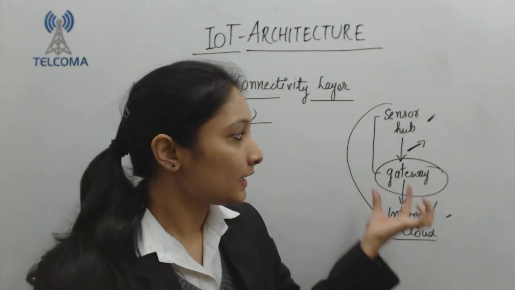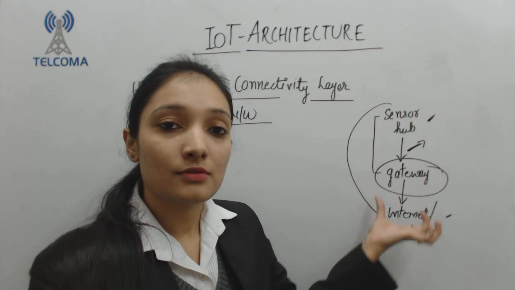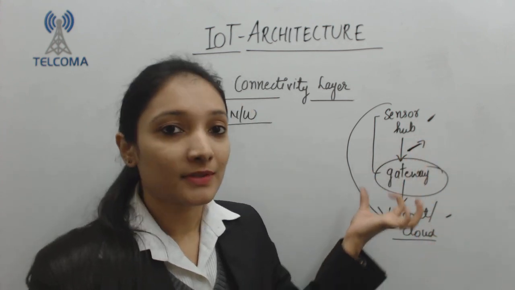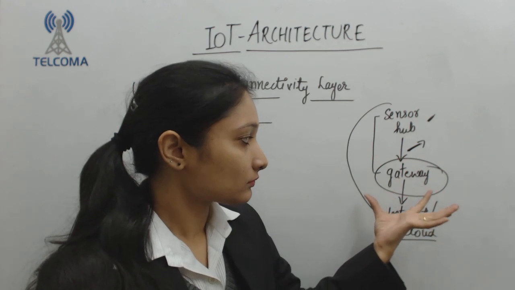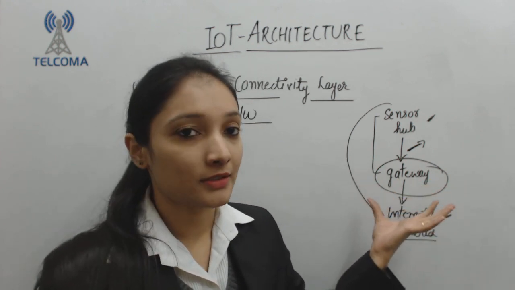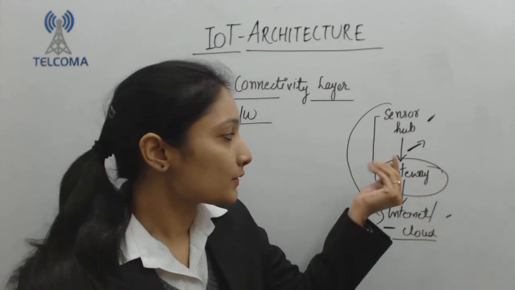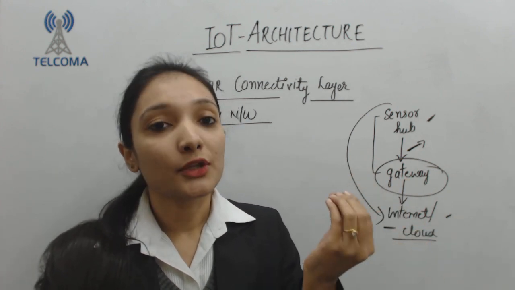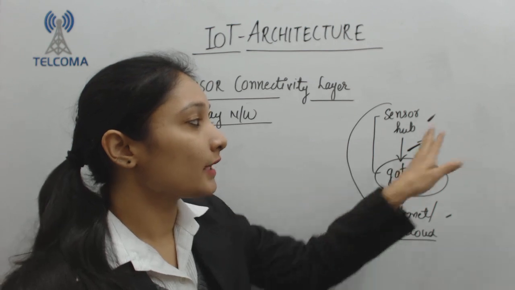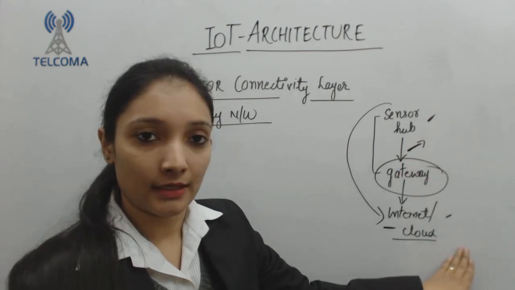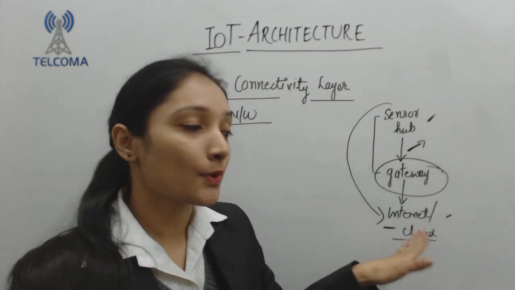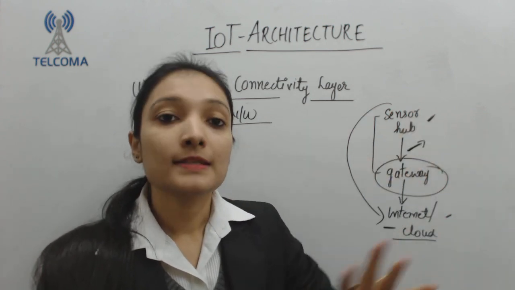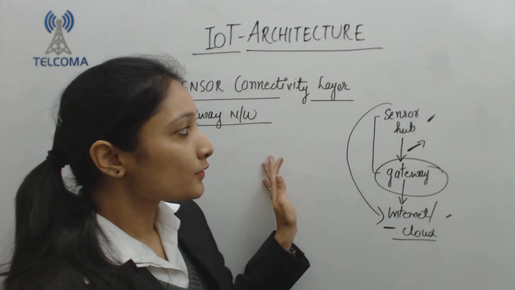So we need a strong transmission system through which it can be transferred, and that's the most dominating technological challenge for IoT. That's why we have the gateways. The gateways are used to transfer the information from this end to this end. Some of the gateways are also responsible for sending information to the nodes, that means two-way transmission.